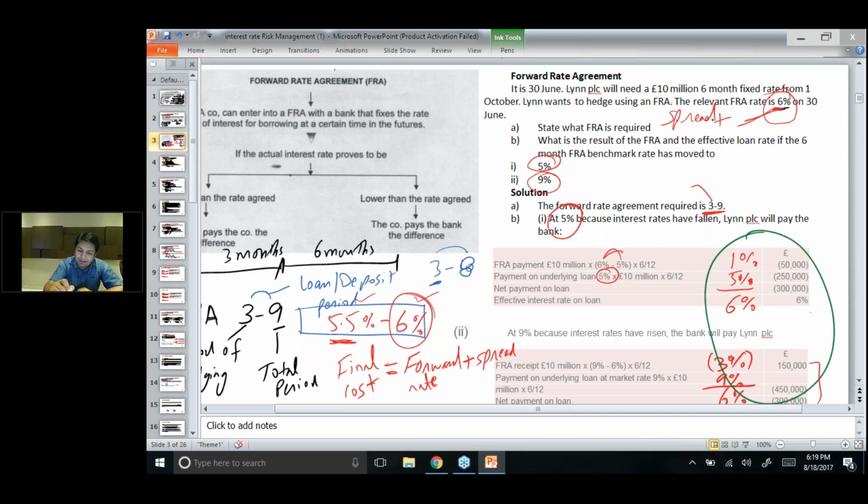Just identify the relevant FRA, add the spread to it, and just state in the exam that your effective interest cost will be this. Whether interest rate rises or falls, you have to face this cost. That's how you are going to tackle the FRA part in the exam.